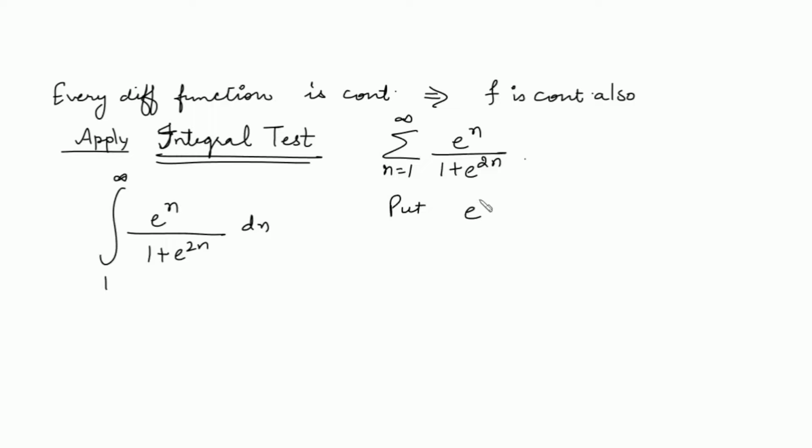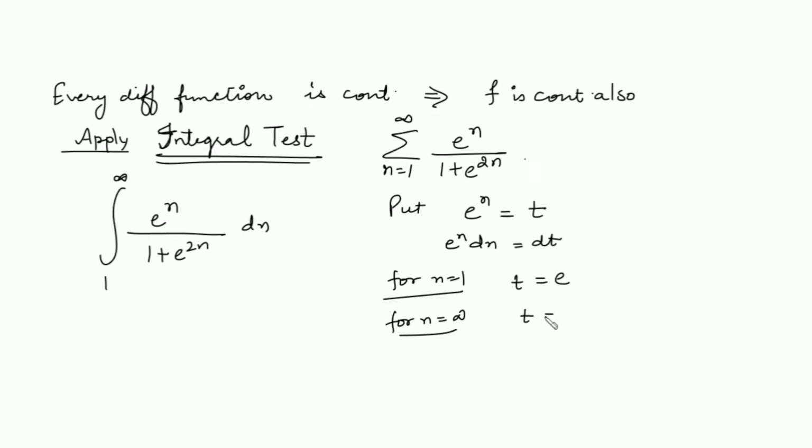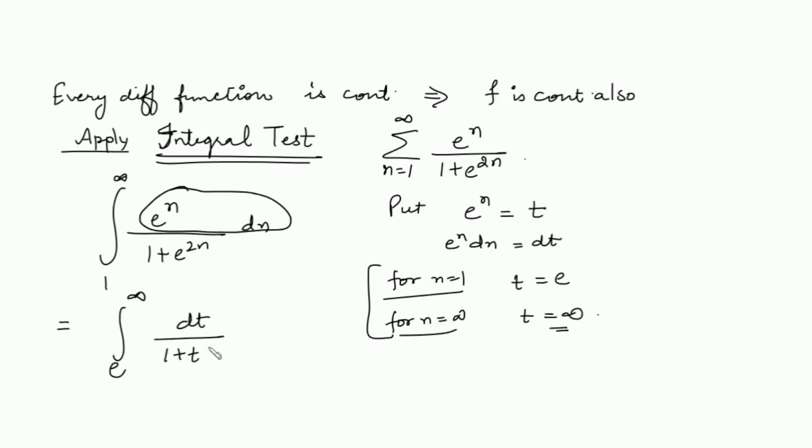So you will put e to the power n as t, e to the power n dn is dt, and for the limits, when you put n to be 1, t is e, and for n infinity, your t is e to the power infinity, which is infinity. So the limits are e to infinity, and dn is replaced with dt over 1 plus t square.